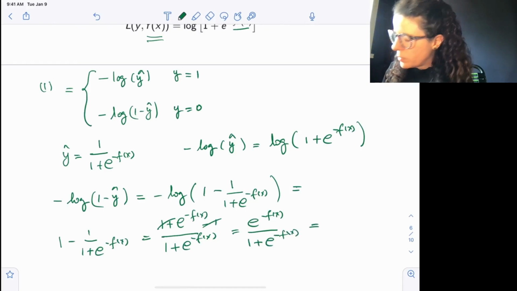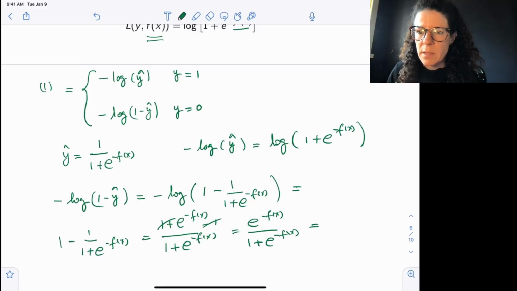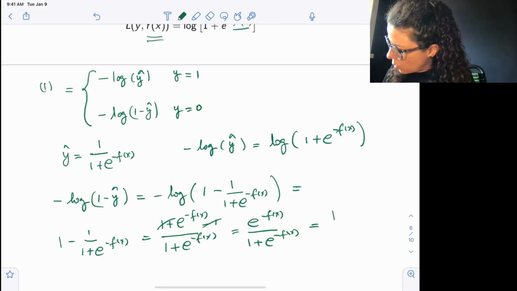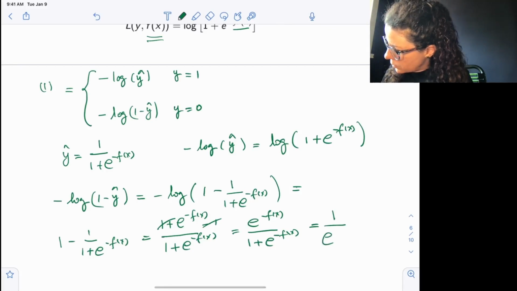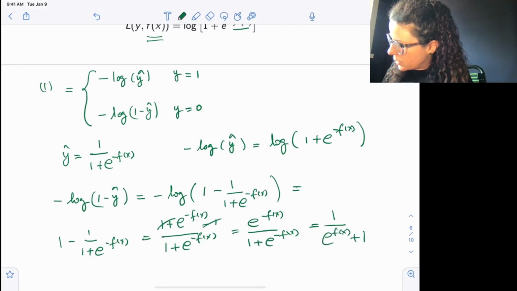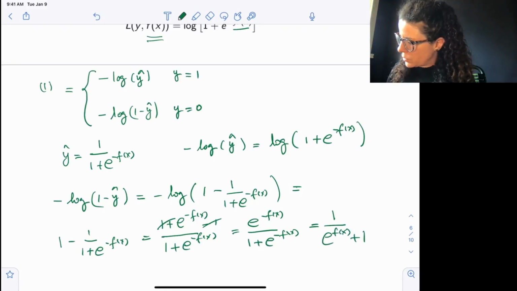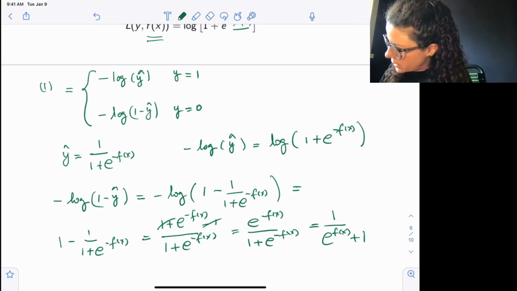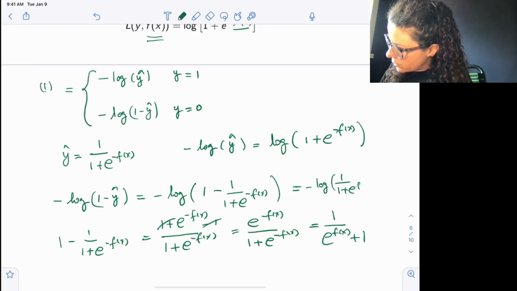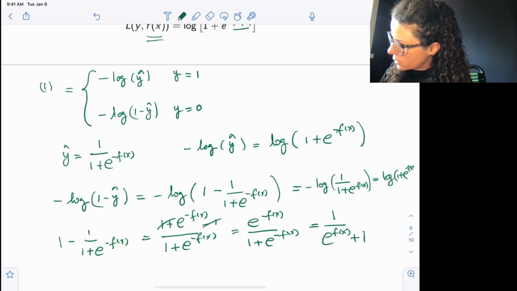Now we can multiply the numerator and denominator by e to the f of x, and we get 1 over 1 plus e to the f of x. If I take minus the log of this, that will be equal to the log of 1 plus e to the f of x.